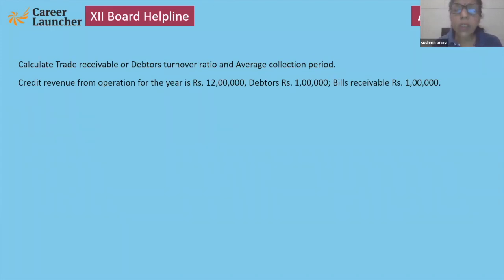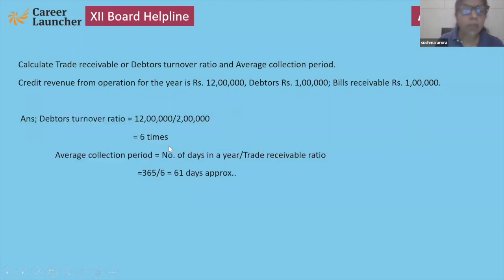Credit RFO given, debtors 1 lakh, bills receivable 1 lakh. See here, opening and closing not given, so we can take these only. So trade receivables are a wider term. Now, children, this is trade receivable turnover ratio: net credit sales or net credit RFO upon average trade receivables.